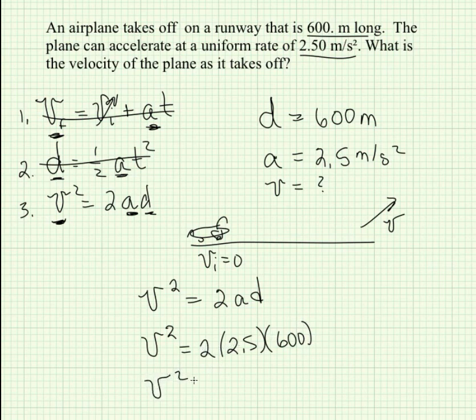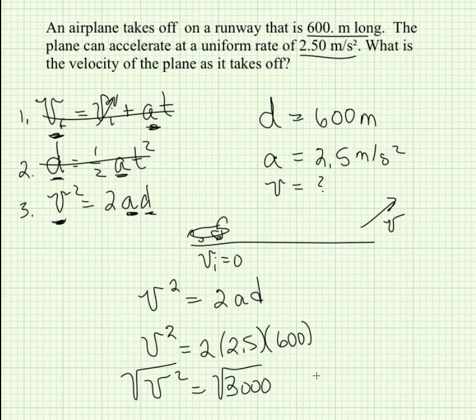All I need to do is multiply those 3 values. When I multiply those 3 values, that's going to give me 3,000. But that's going to give me what velocity squared is, and I just want the velocity. So the way we get rid of the squared is we take the square root.